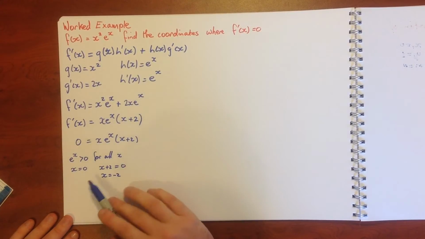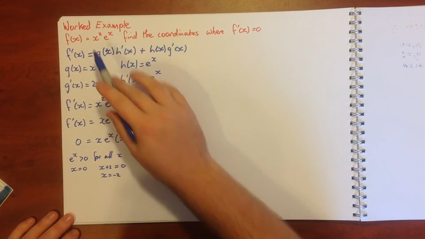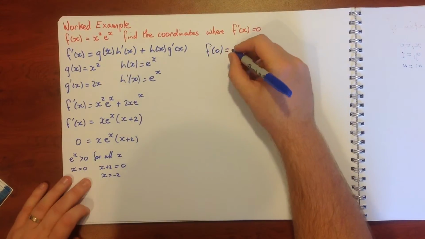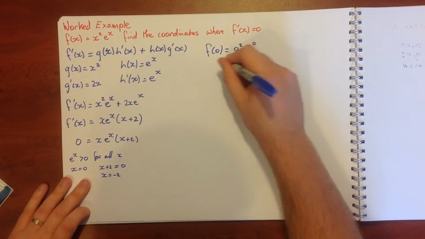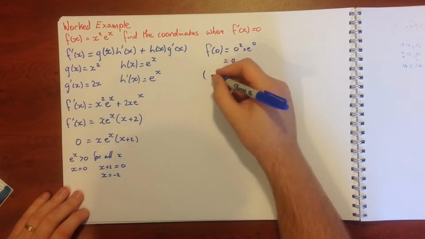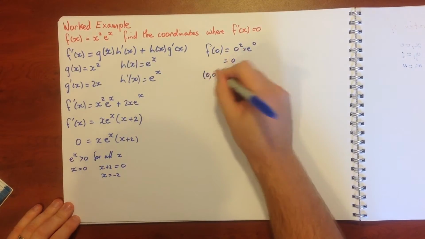Okay, and what they do is actually sub these back into the original one so we can get the coordinates of those points. Okay, so we'll say, well, f of 0 equals 0 squared times e to the 0. So that's going to be 0. So we know we're going to get a point where the gradient is 0 at (0, 0).